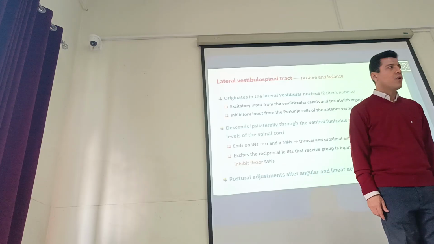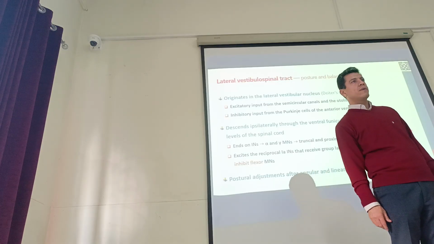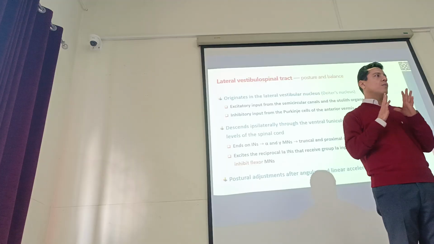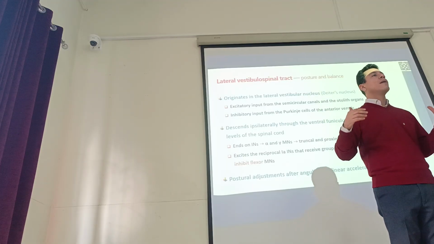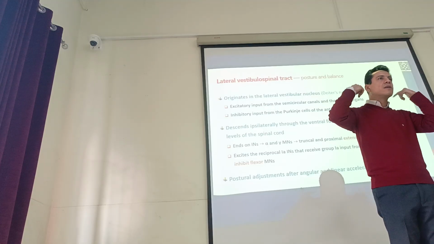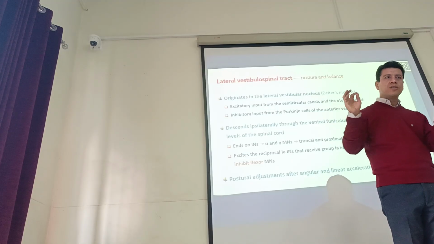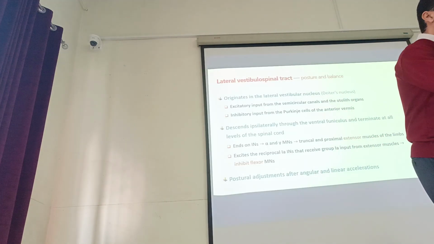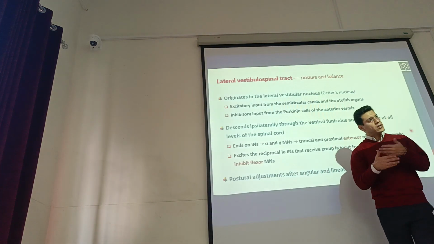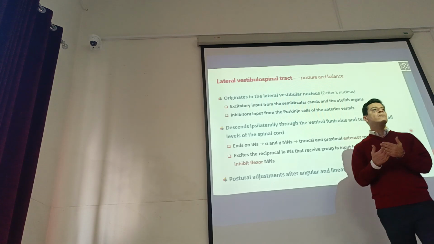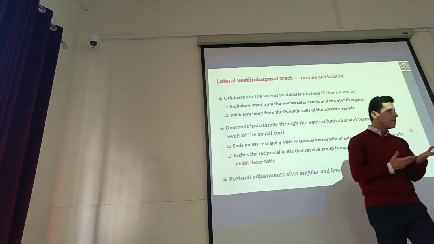So when we bend forward, backward, to the right, the left, so when the balance goes out, right, then what happens? Internal ears is activated. Which part? Vestibular apparatus, right? From here, signals are made, go to vestibular nuclei.